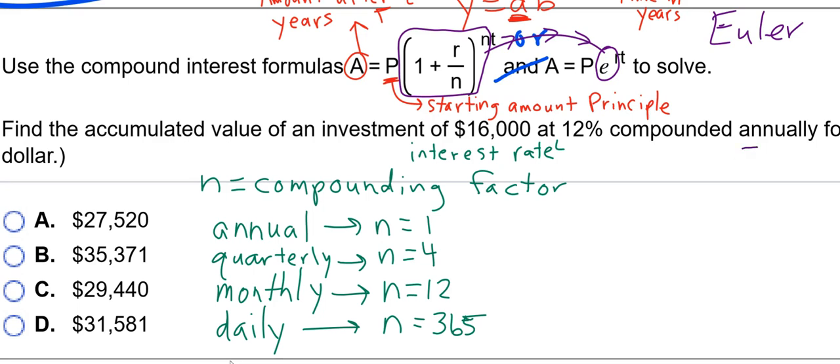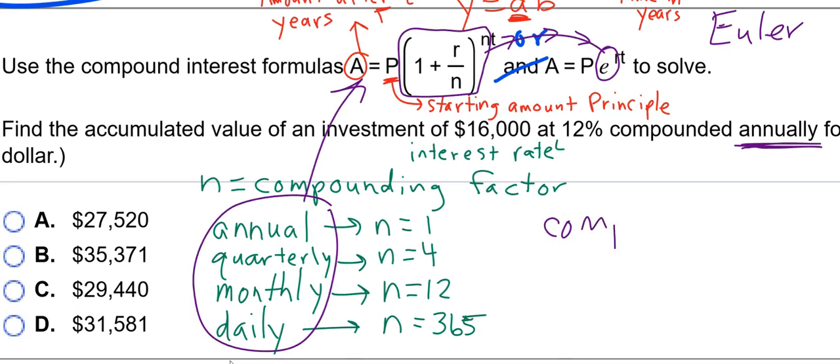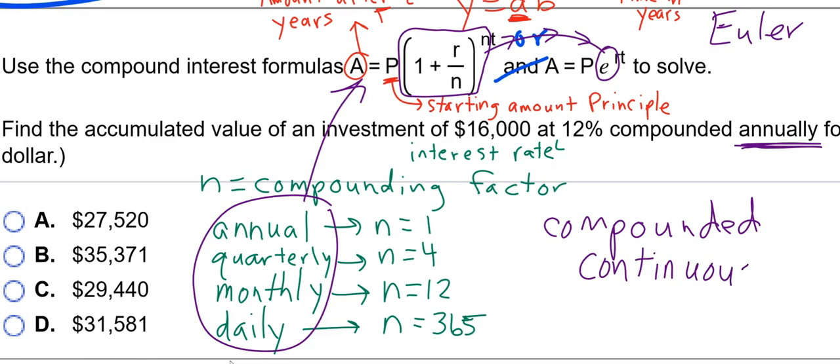If there's a word in our problem that comes from this list right here, you'll be using the formula on the left. What phrase are we going to look for to use the one on the right? The phrase you'll be looking for is compounded continuously. Please make sure you have this written down. Compounded continuously.